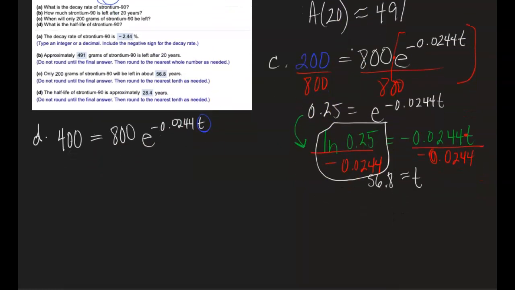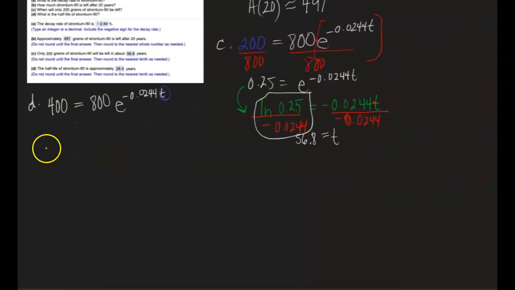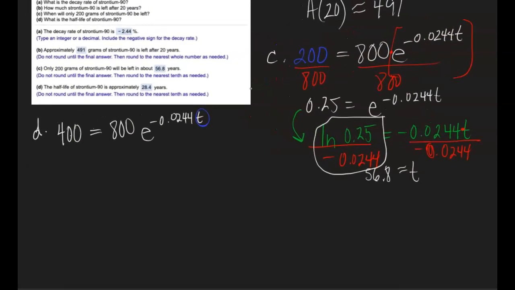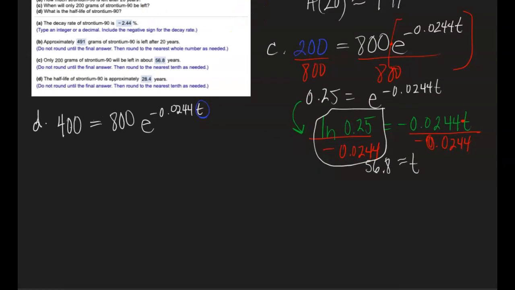So let's make parallels as we go between this one and the one that we have over here on the side. Let me zoom in just a little bit more. There we go. Okay, so again, we do inverses to solve for t. The very first thing we want to do is divide both sides by 800. We end up with 0.5 equals e to the negative 0.0244t.